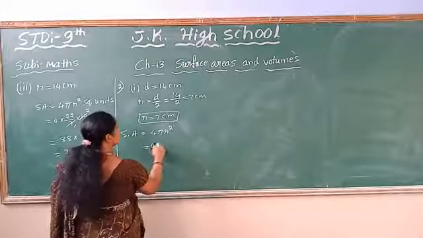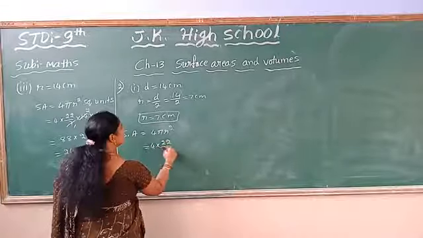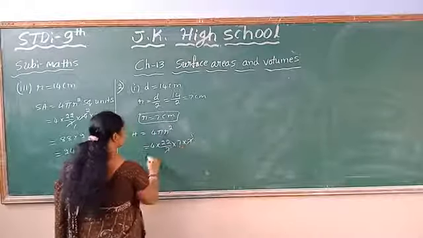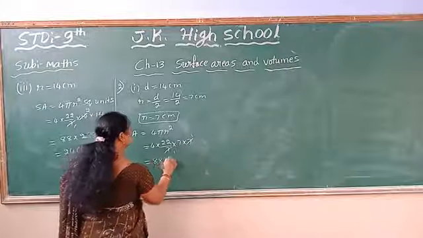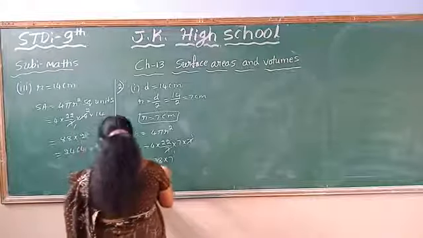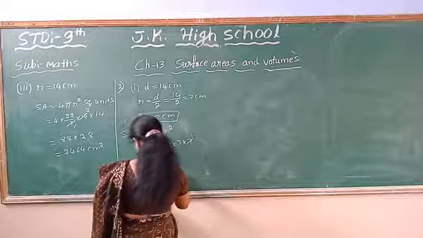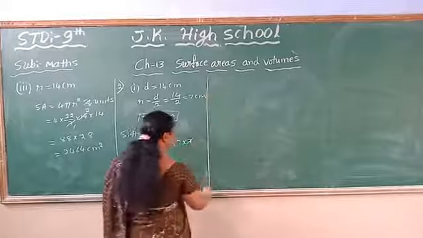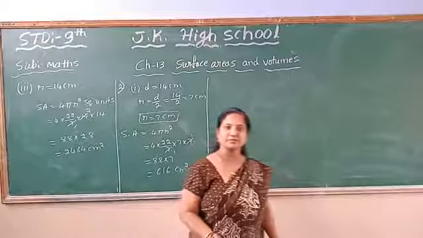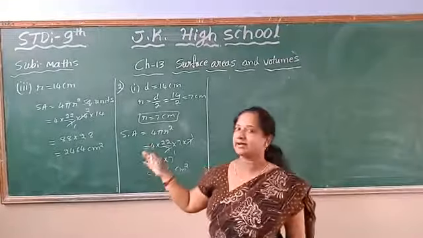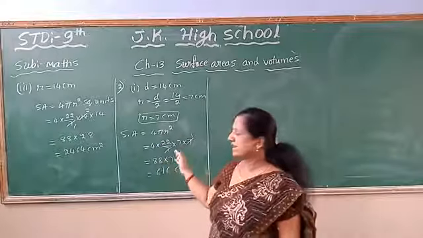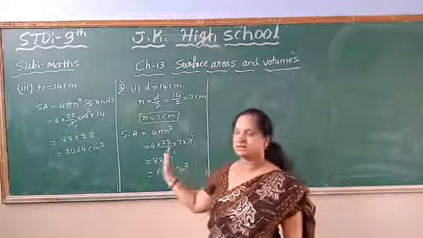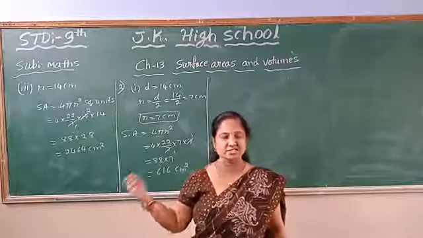Substitute the values: pi value 22 by 7, and r value has become 7. 7 ones are 7, 88 into 7. After simplification, you get 616 centimeter square as the surface area of the sphere. When they give you r directly, you can substitute. When they give you the diameter, you have to convert to radius, then substitute and find the surface area in the same manner.